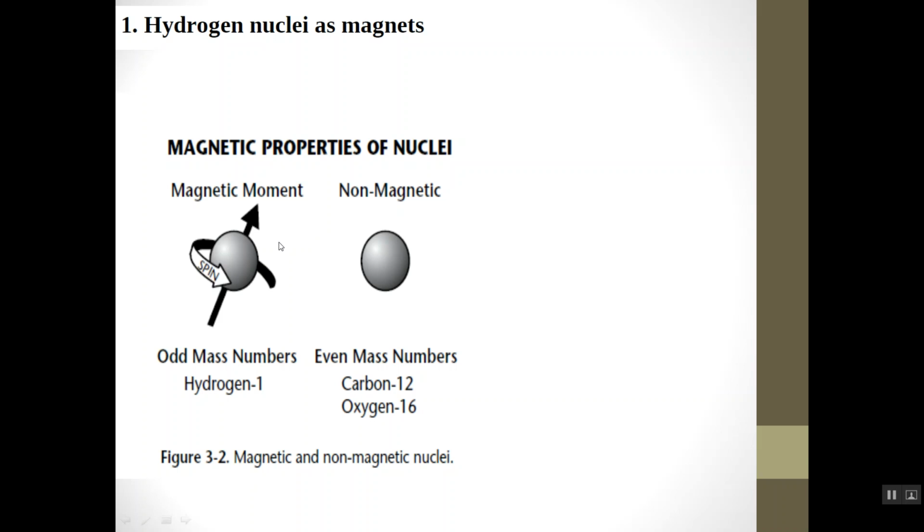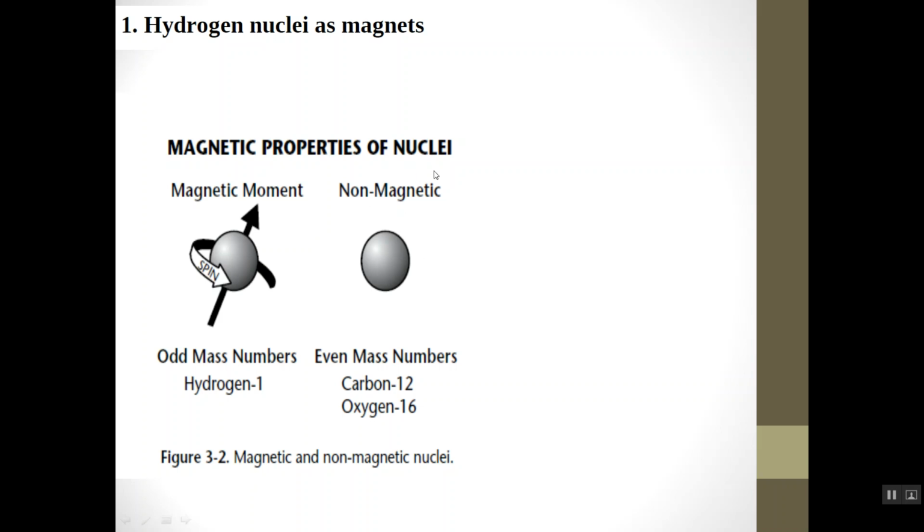So the odd mass number gives a magnetic property to the hydrogen atom. The hydrogen atom is highly sensitive to the magnetic field due to its odd mass number. But carbon and oxygen have even mass numbers, so they are non-magnetic.